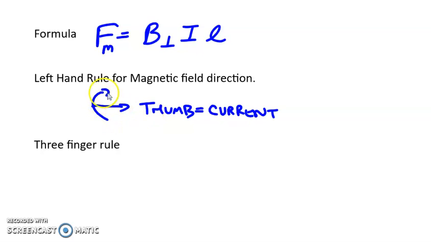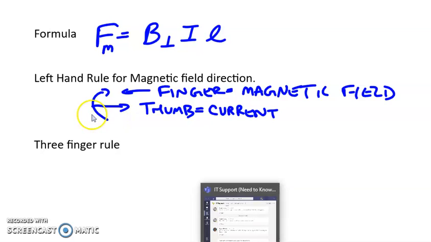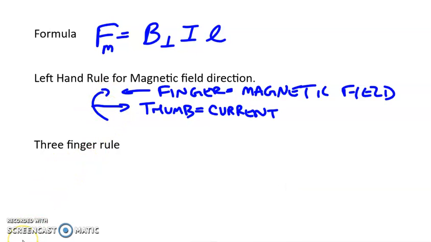And the coils, or the fingers, are going to represent the actual magnetic field around that wire. Now, that magnetic field is actually interacting with an external magnetic field in the case of these formulas in order for us to detect them, in which case we'll use the 3-finger rule, where you've got them acting perpendicular to each other.